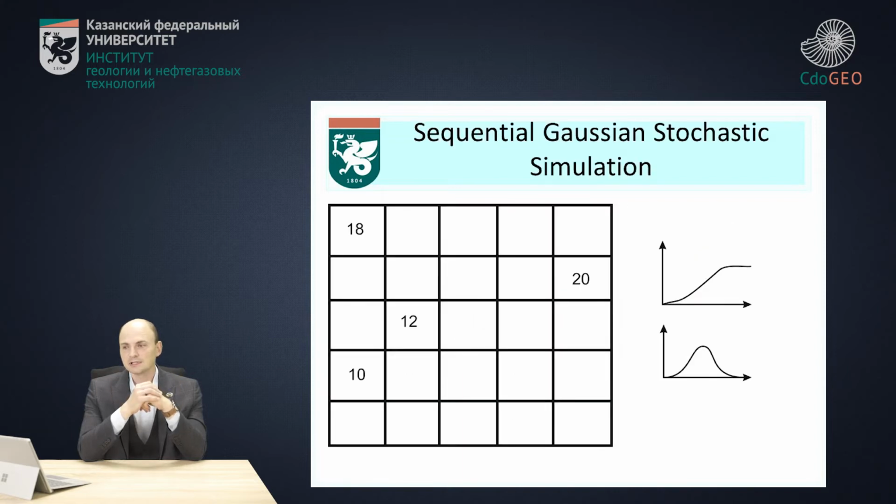Let's find out how sequential Gaussian stochastic simulation works. Imagine that we have this grid with 4 wells and porosity between 10 and 20. Sequential Gaussian stochastic simulation is a geostatistical interpolation function, stochastic, and that keeps variation.